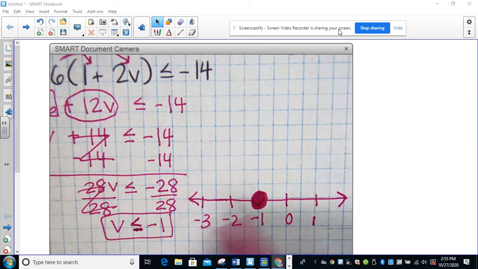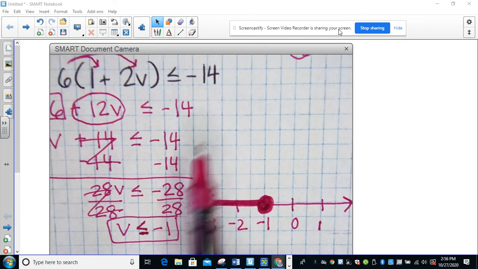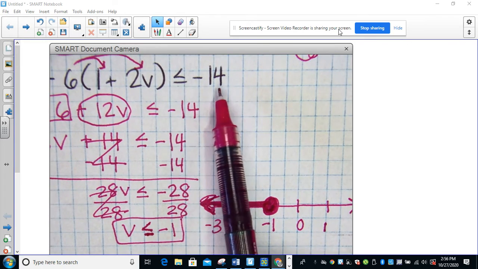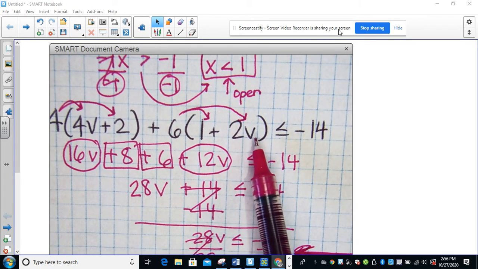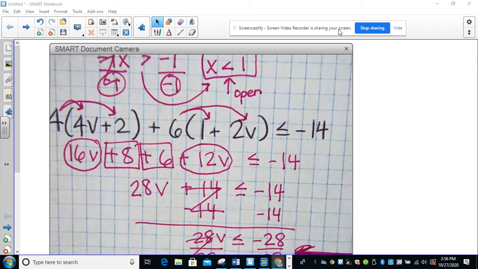And then it's less than, so we shade left. This means you could include -1 and plug it into those V's, or anything less than that, any of the other negatives below -1. And it should work and give you an answer less than or equal to -14 when you plug it in here and there.